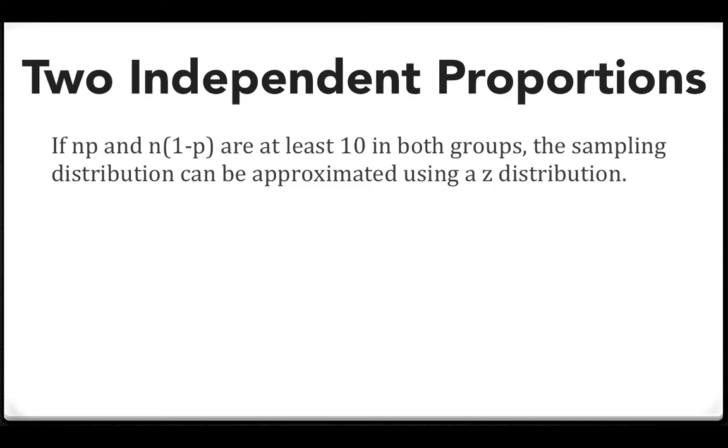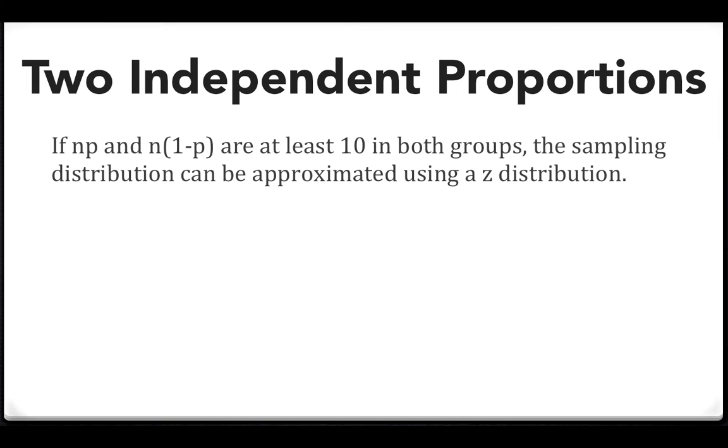For two independent proportions, if n times p and n times 1 minus p are at least 10 in both groups, the sampling distribution can be approximated using a z-distribution. Now, for both a confidence interval and in hypothesis testing, we don't have any population proportion values. With confidence intervals, we're estimating the population values, and with hypothesis testing, we're testing to see if the population proportions are different.